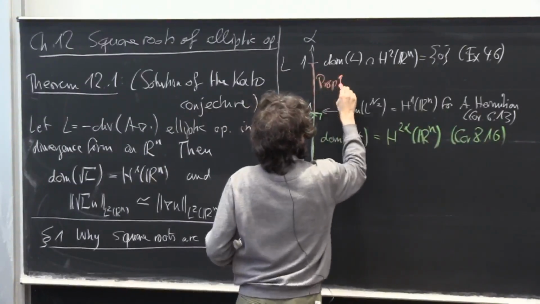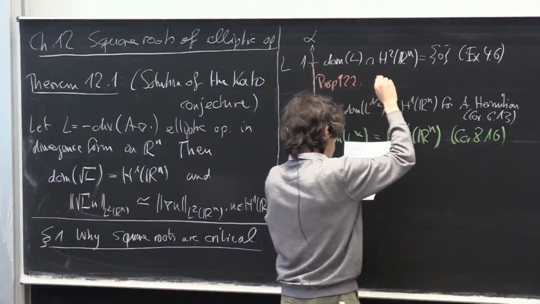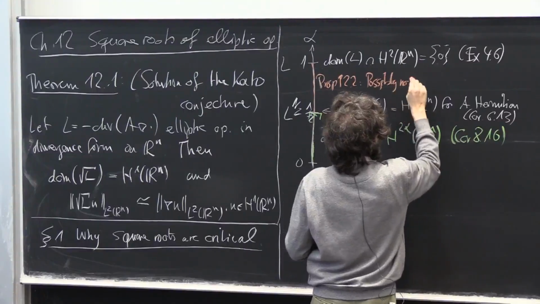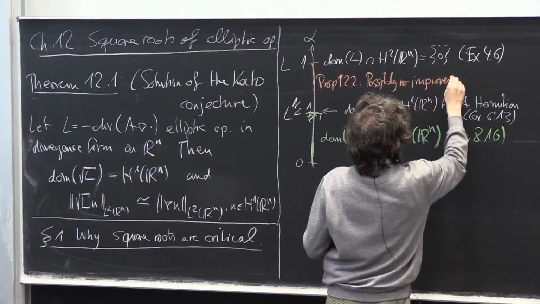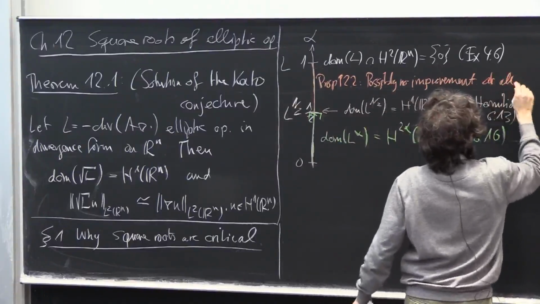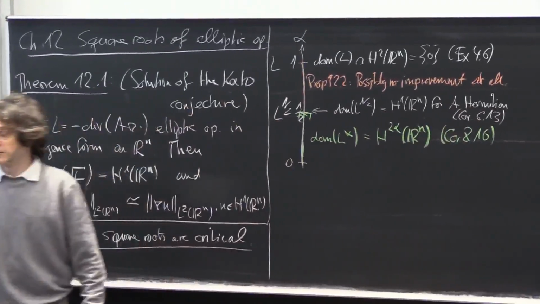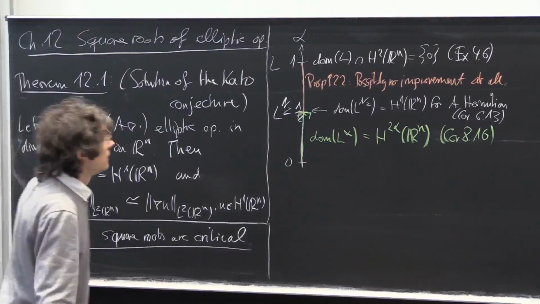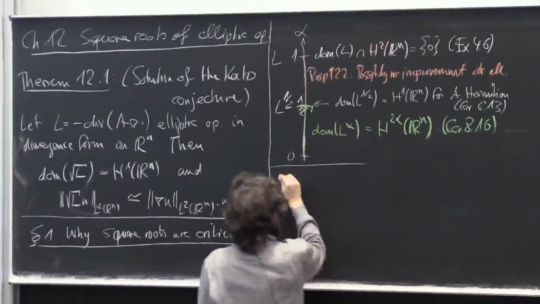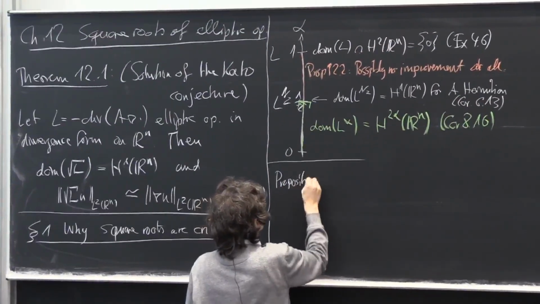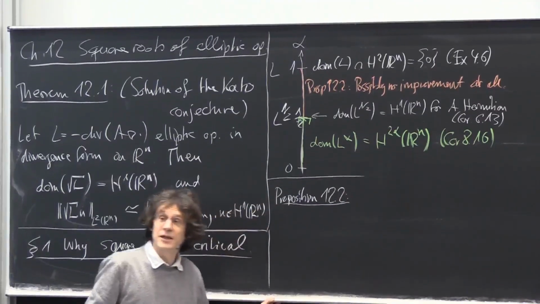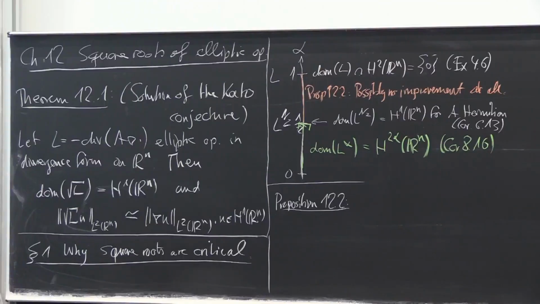Proposition 12.2 tells you that there is possibly no improvement at all for alpha greater than 1/2. We'll show exactly that: for alpha greater than 1/2, things can break down.